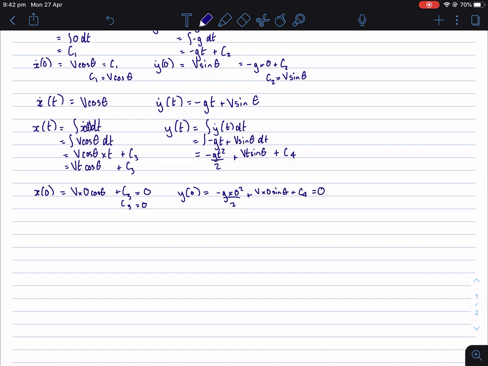We know it equals 0, so c4 is 0. So x at t, just means we don't have the constant terms: vt cos theta, and y at t equals negative gt squared over 2 plus vt sine theta.